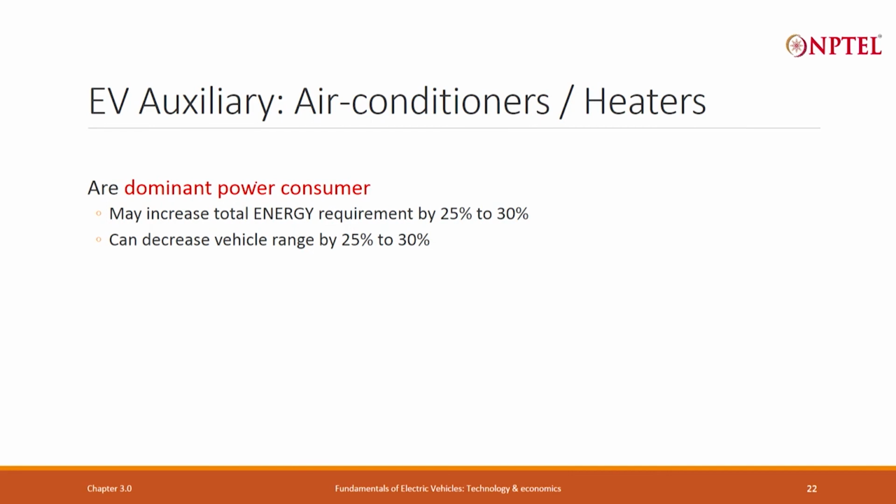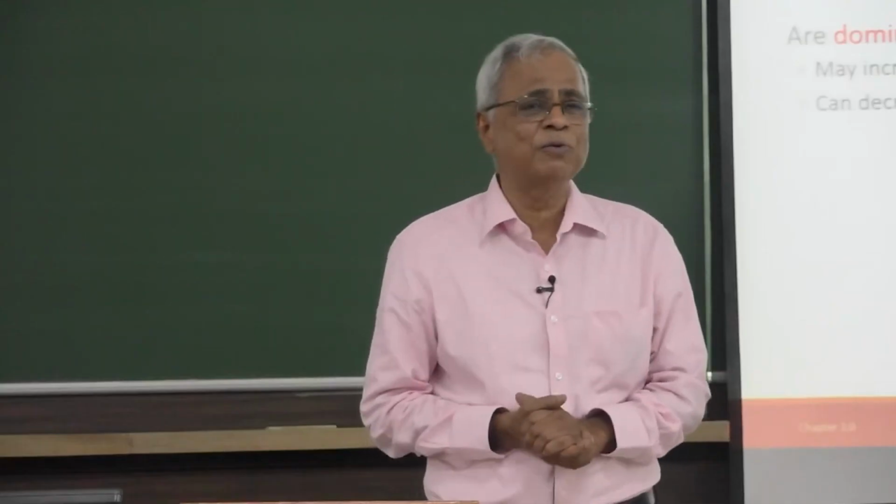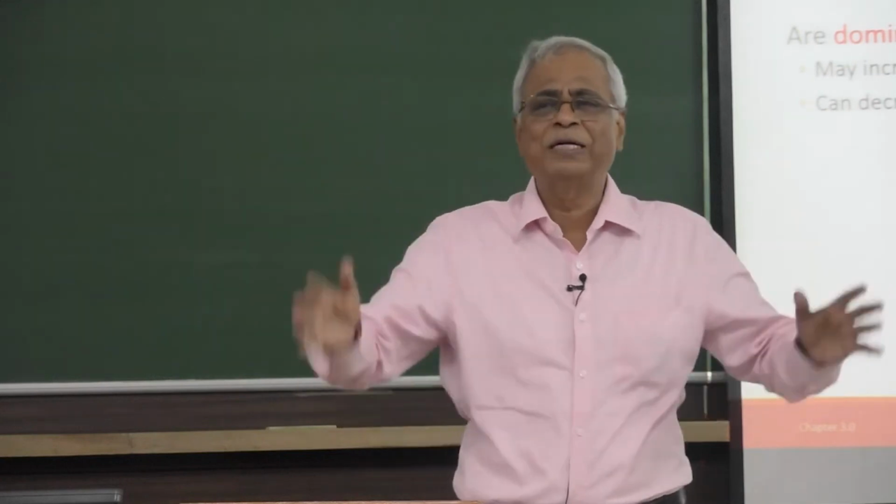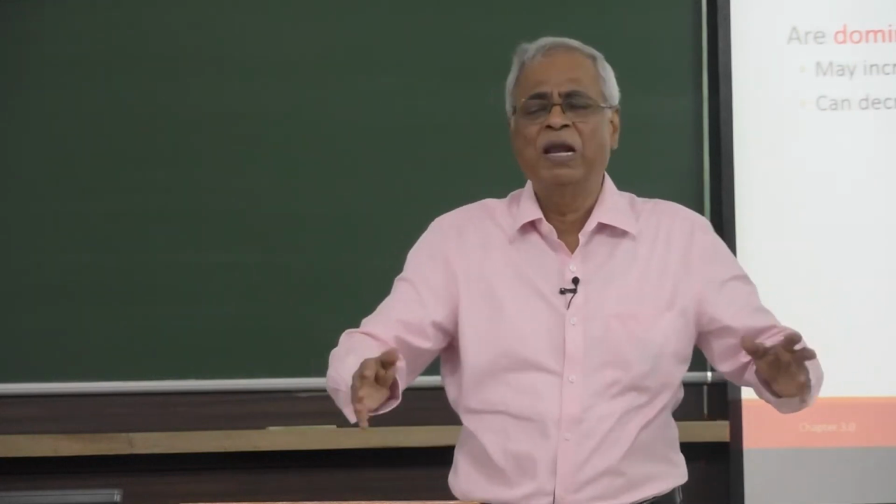So, air conditioners and heaters are dominant power consumers. It may increase the energy requirement by 25 to 30% and therefore decrease the vehicle range. Now, the same thing happens with petrol vehicles also. Instead of 15 km per liter, now it will give you only 12 km per liter, and therefore the total tank will limit the range.